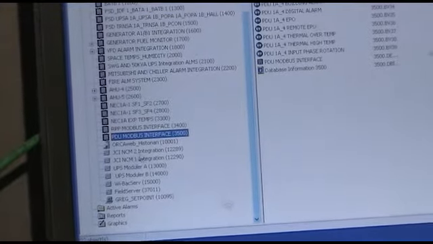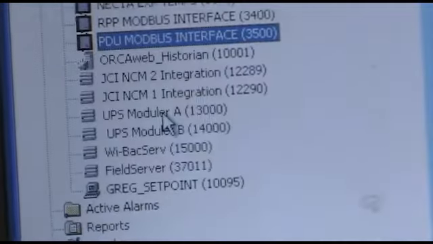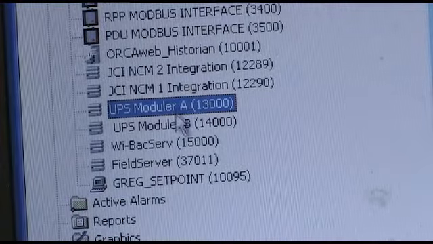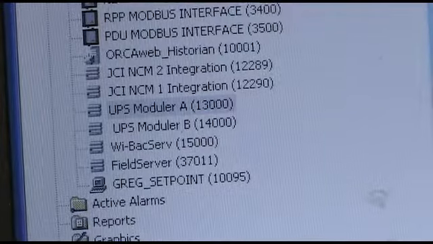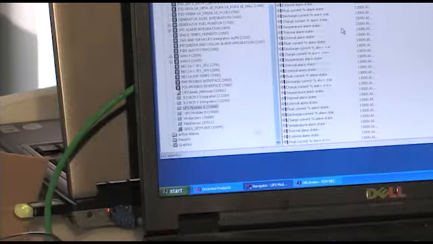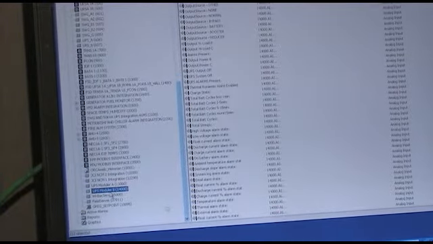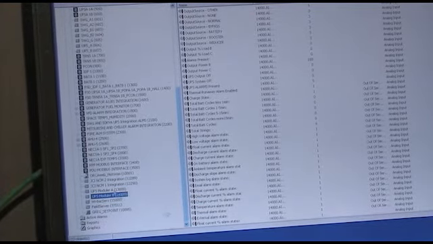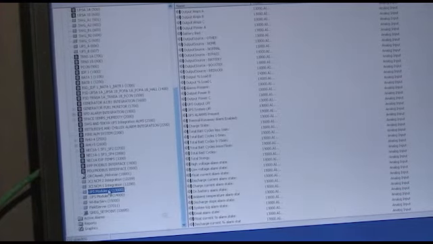For more detailed information from the UPS other than just the specific points we were monitoring, you can click on panel 13,000, which is the UPS Module A, and see a detailed list of points that are reporting back to the Falcon system in the UPS container with their different states. UPS Module B is device or CP 14,000. And that takes care of logging in and looking at points on the system.